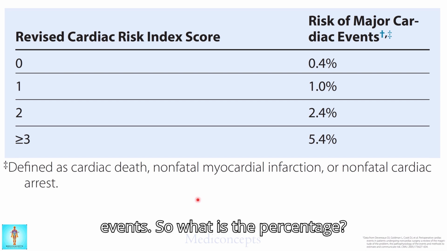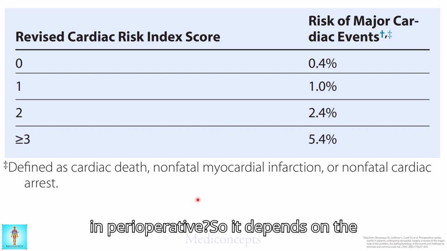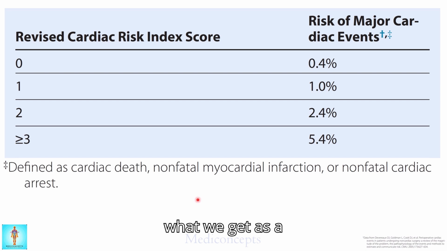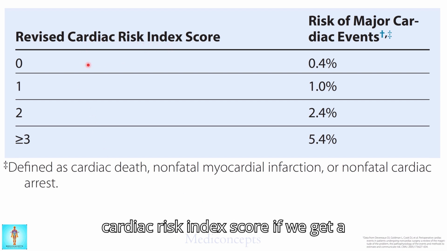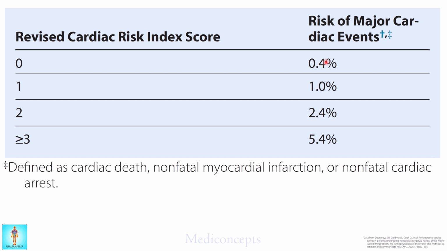So what is the percentage? What is the risk of having these events perioperatively? It depends on what we get as the RCRI score, the revised cardiac risk index score. If we get 0 points, still there is a 0.4% chance of MACE.